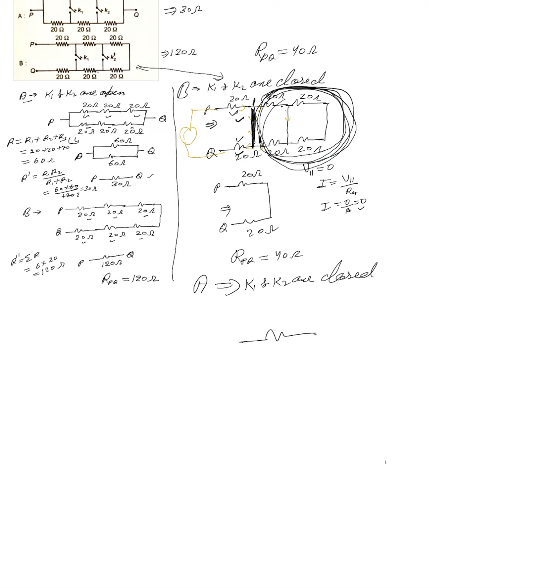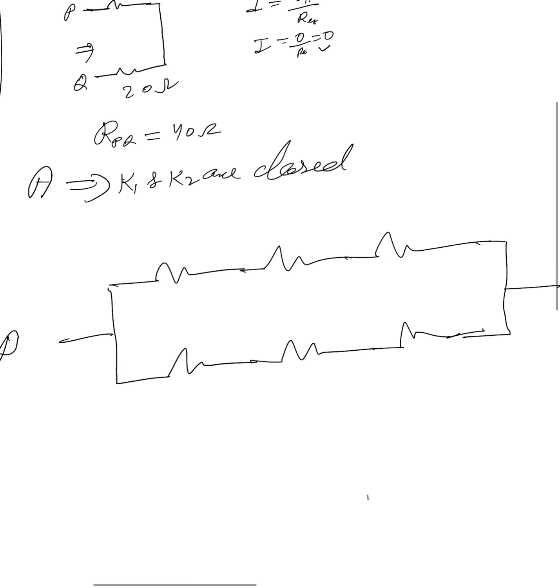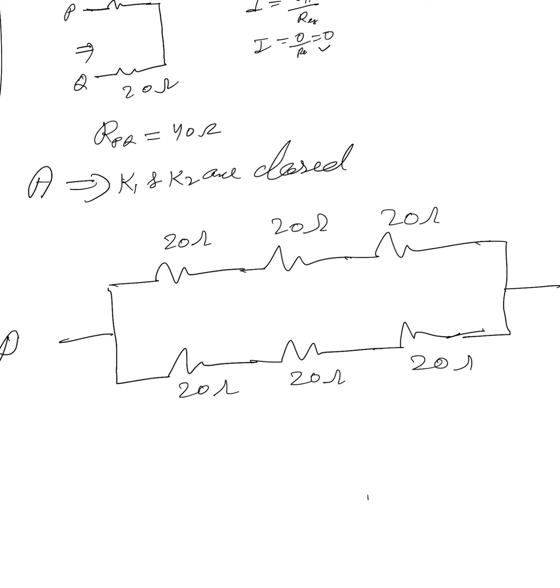This one, this one, this one, and this one, this one, this one. Our motto is to determine the equivalent resistance between P and Q. Clear or not? That is 20 ohm, here 20 ohm, 20 ohm, here 20 ohm, here 20 ohm, and here 20 ohm, and this is a short circuit and this is a short circuit.